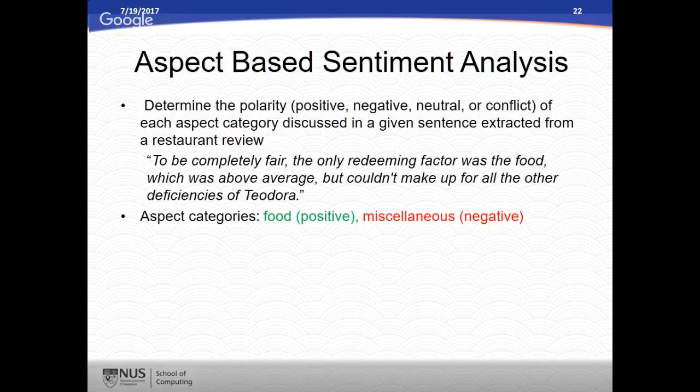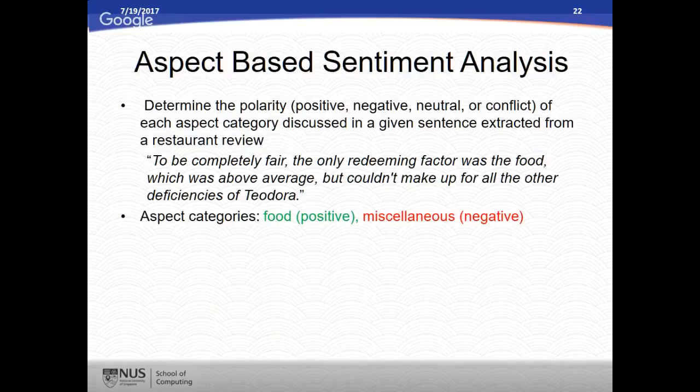So opinion can be about many things. For example, we have seen in the US election that many people openly said many bad things about Trump or Hillary Clinton. Then there is a target person. But in other domains, for example product reviews, there are multiple aspects of a product. For example, a smartphone can have a good screen but bad battery, or a good camera but a bad operating system.